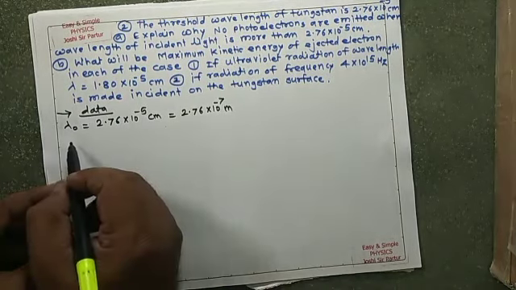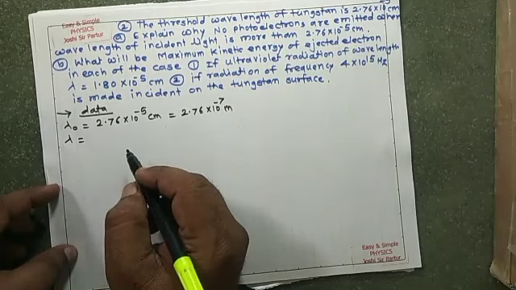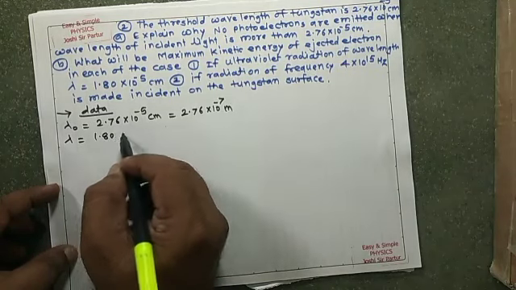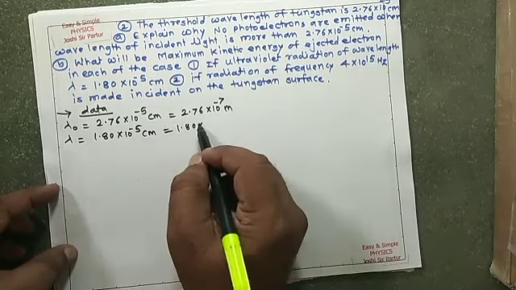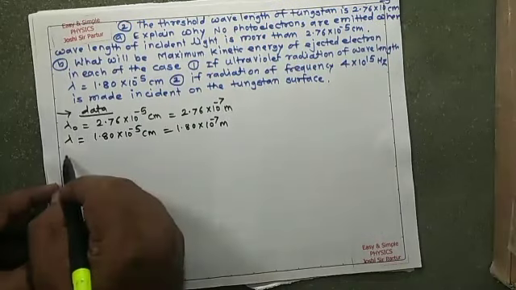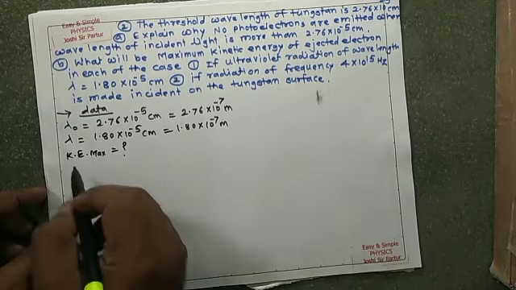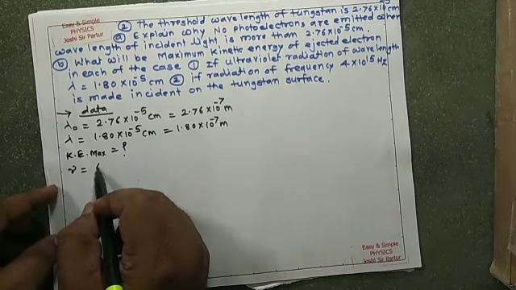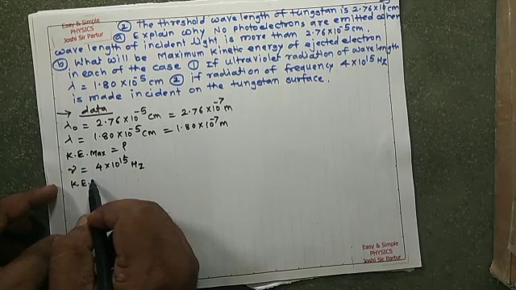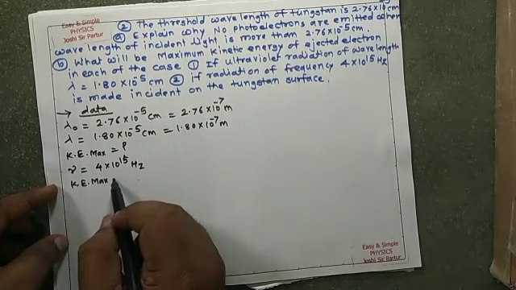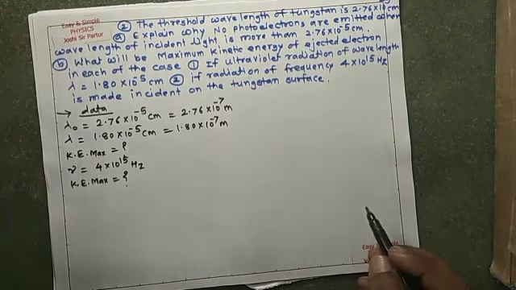Another is given: wavelength lambda is 1.80 into 10 to the power minus 5 centimeter or 1.80 into 10 to the power minus 7 meter, what will be its kinetic energy? Again, if nu is given as 4 into 10 raised to 15 hertz, what will be its kinetic energy for the tungsten surface? So first of all, we want to see the explanation.